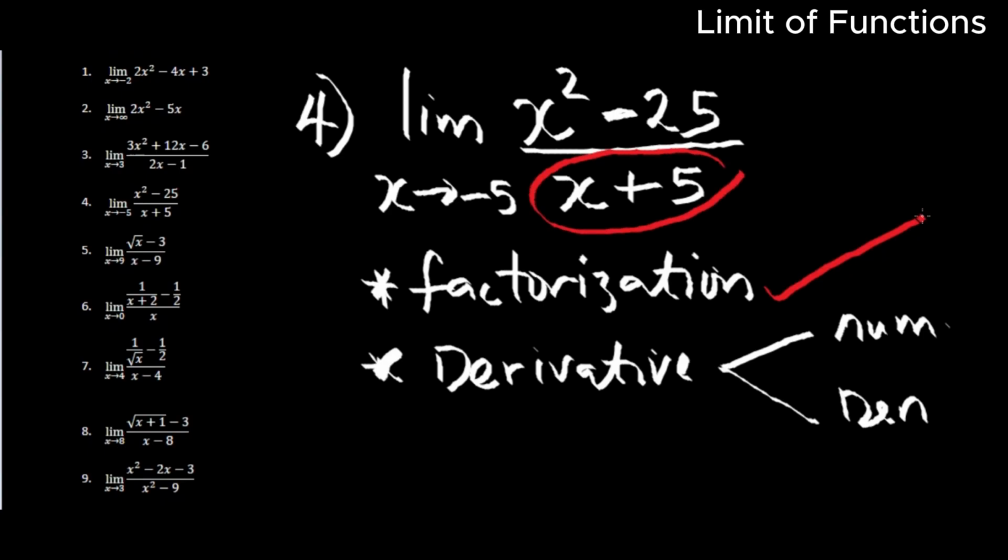So because of that reason, this is a bit deficient to solving all the questions in that limit. But derivative is very potent. Okay, so let's factorize. This case factorization will work.